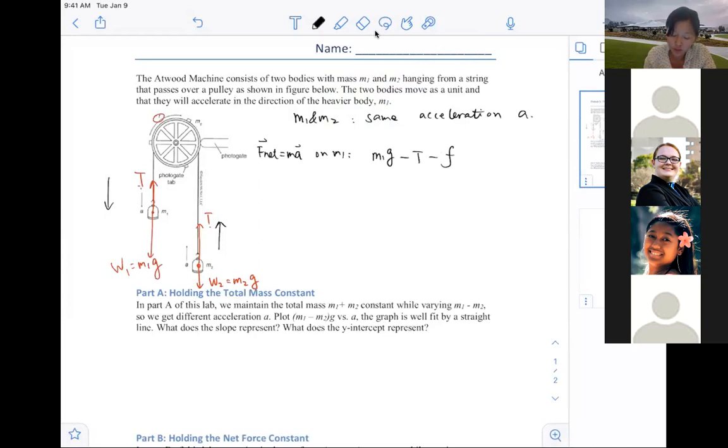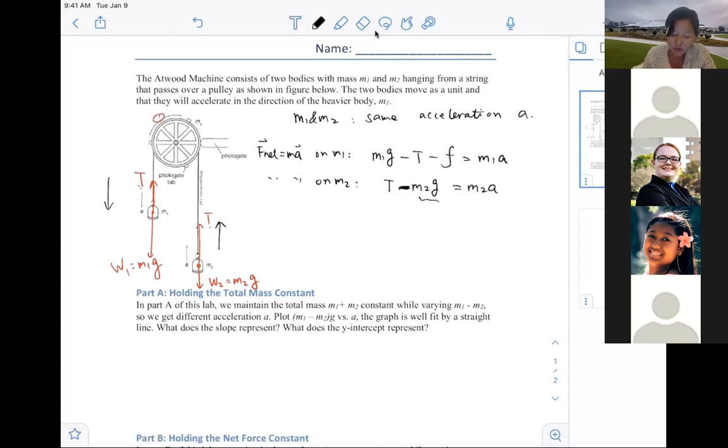So minus friction is going to be M1A. If I do Newton's second law on M2, then I will have tension minus M2G, because in this case, tension is in the same direction as the acceleration A, but gravity is in the opposite direction, so minus.